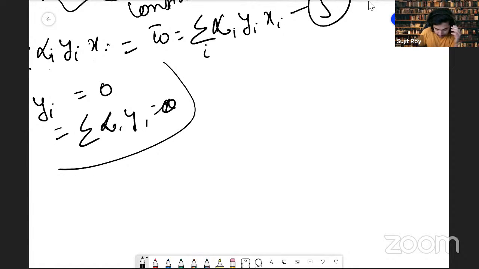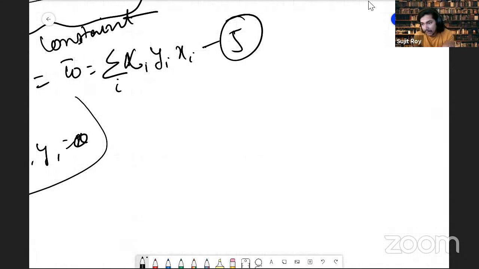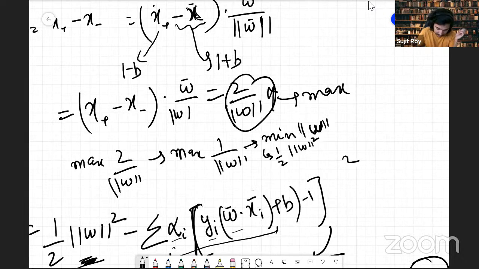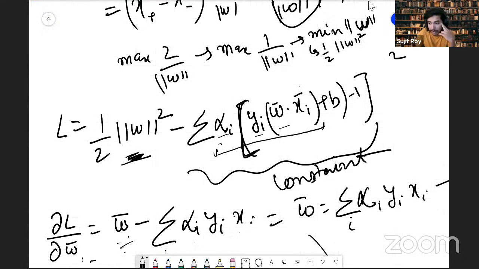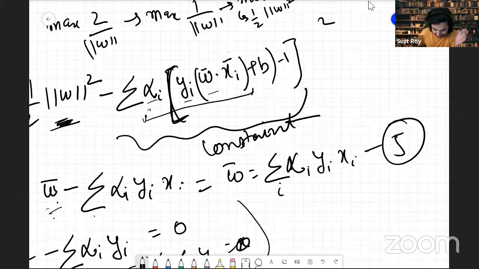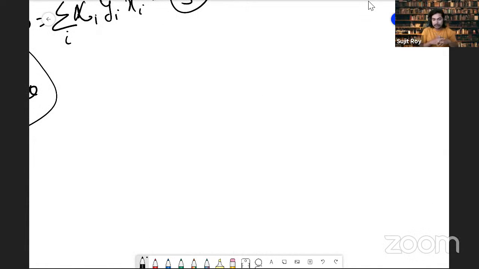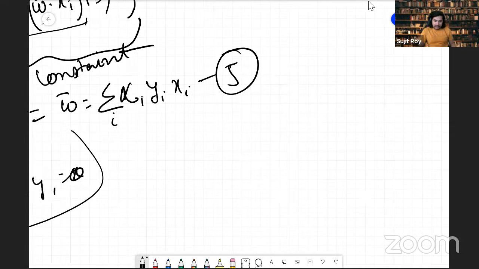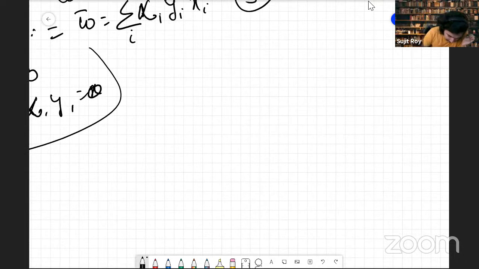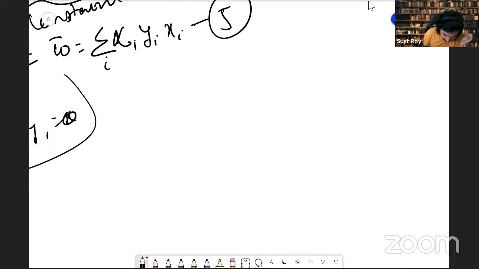Forget it. So now we try to plug this back into the Lagrange's equation that we had here. So we have w here and w here. So what we are going to do is plug the values of w and then expand this whole equation. So just bear with me. I can understand it can be a very big equation to handle. I'll write the Lagrange equation just here for the reference, very small.